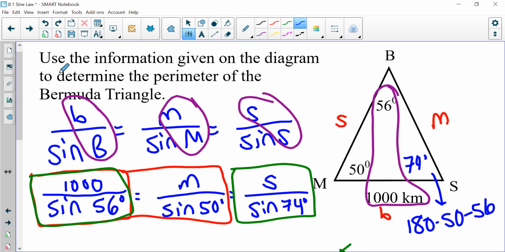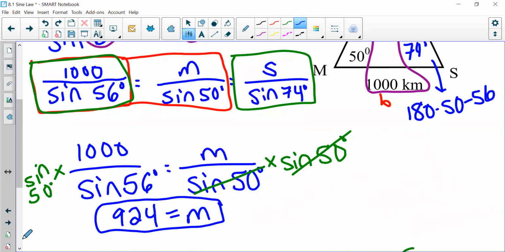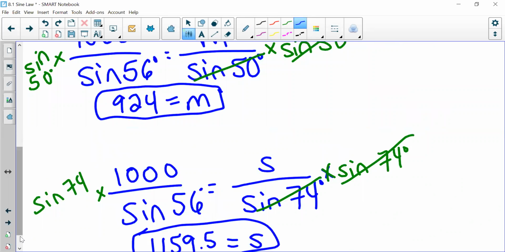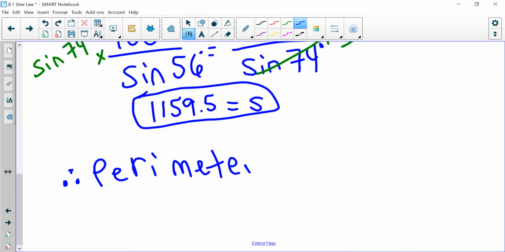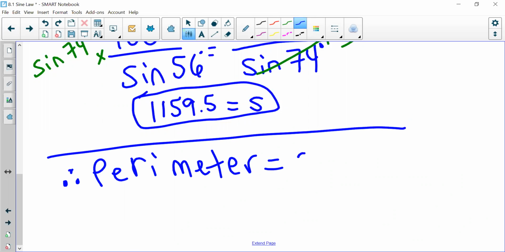This question asks you for perimeter though. What did you guys get when you added all of the sides up? 3,083.5 kilometers.